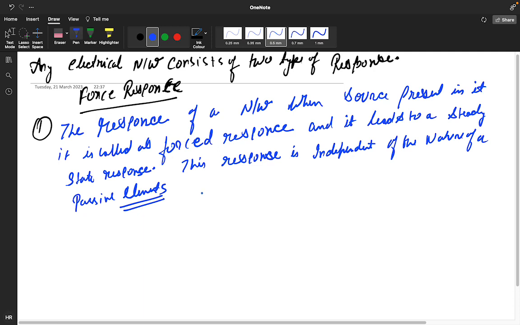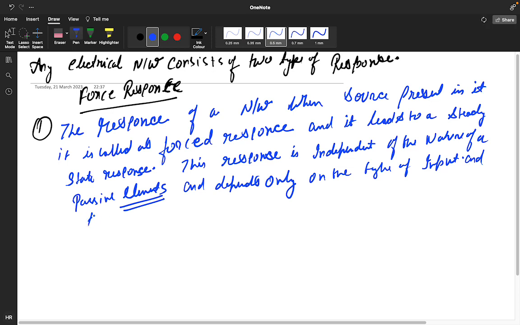and depends only on the type of input, and this response can be obtained by solving the particular integral, and we'll see the numerical of this.